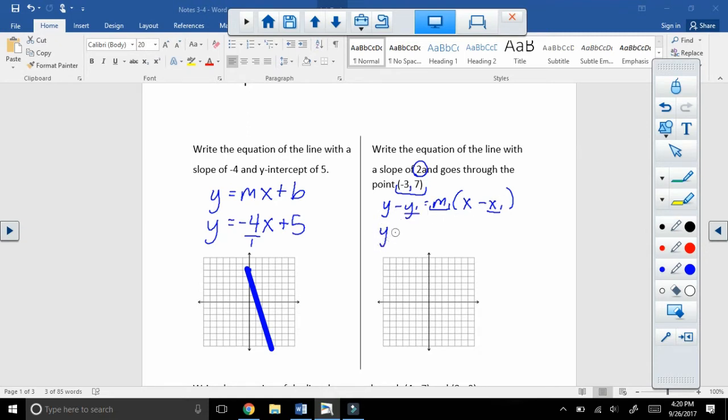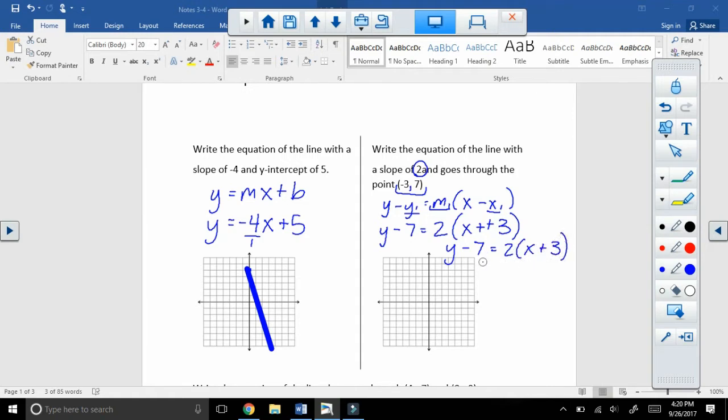So this would be y minus, the y value is 7, equals the slope, which is 2, times x minus the x value, which is -3. The only thing you need to make sure you keep in mind here is this would be adding the opposite. So I'd probably actually just write this out. y minus 7 equals 2 times x plus 3.